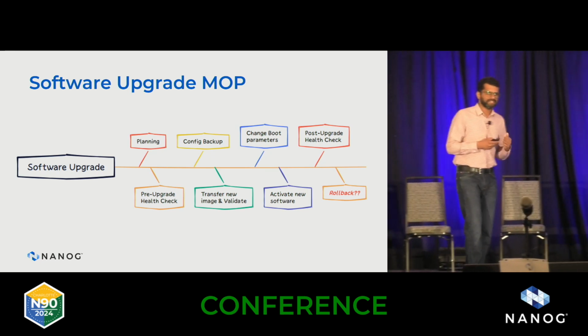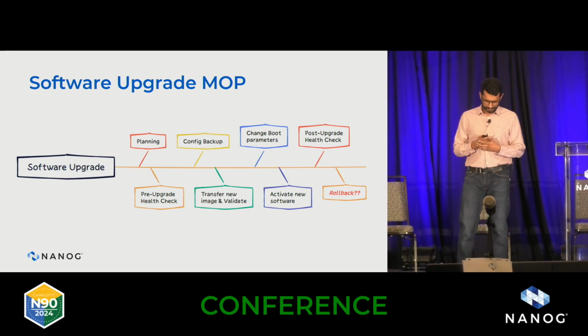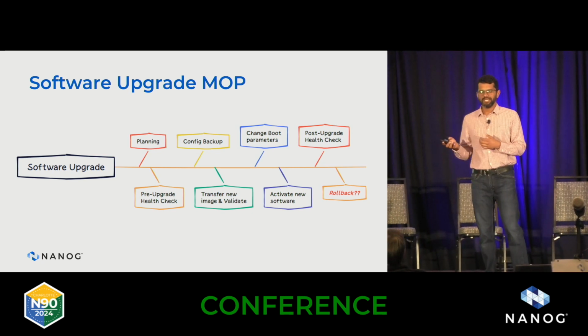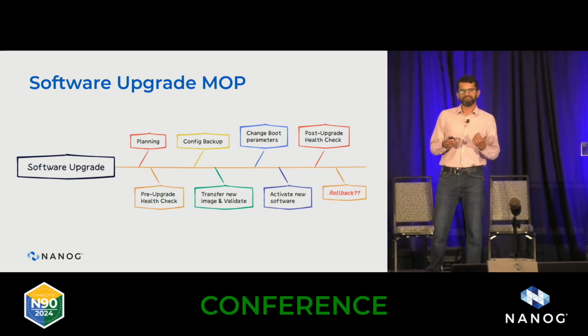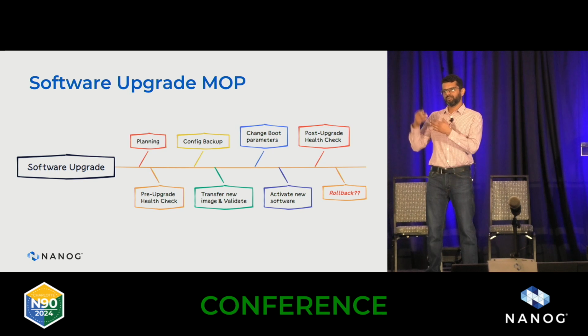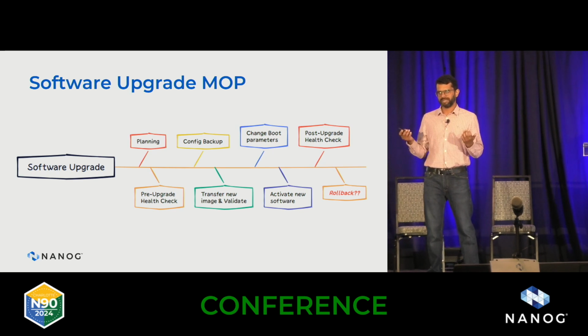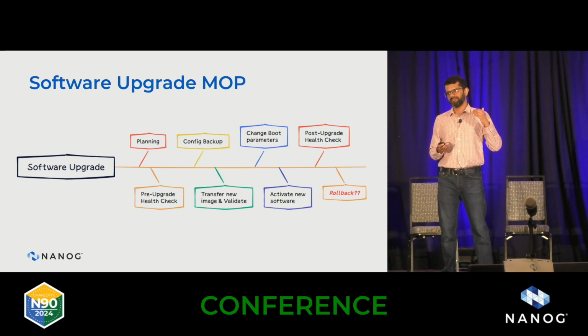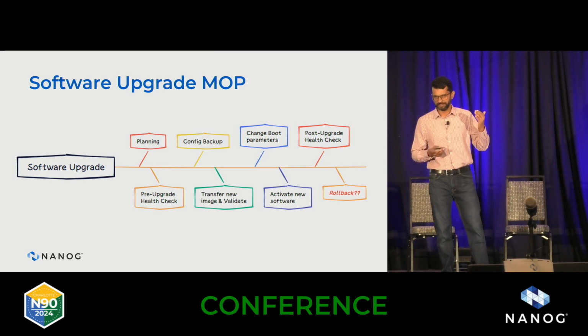And then the next step is to activate that software, right? The activation process again could vary from vendor to vendor, but in general, the activation is done by changing the boot order. So just like a Linux operating system, you change the boot order and say my primary boot is my new software version.